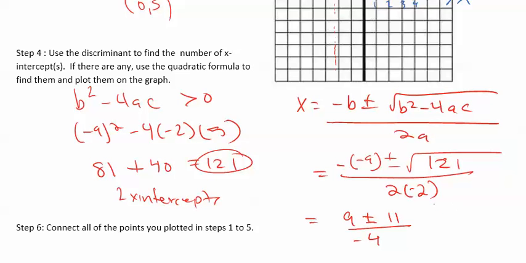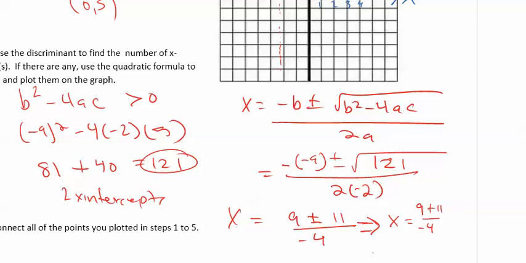So let's split that up. My x value can be x is equal to 9 plus 11 divided by -4. And so 9 plus 11 is equal to 20. So 20 divided by -4 would be -5.